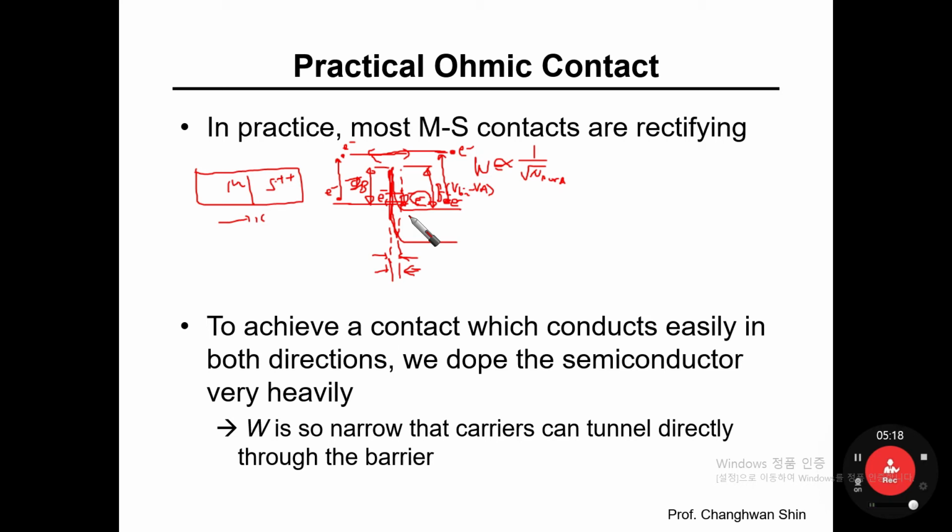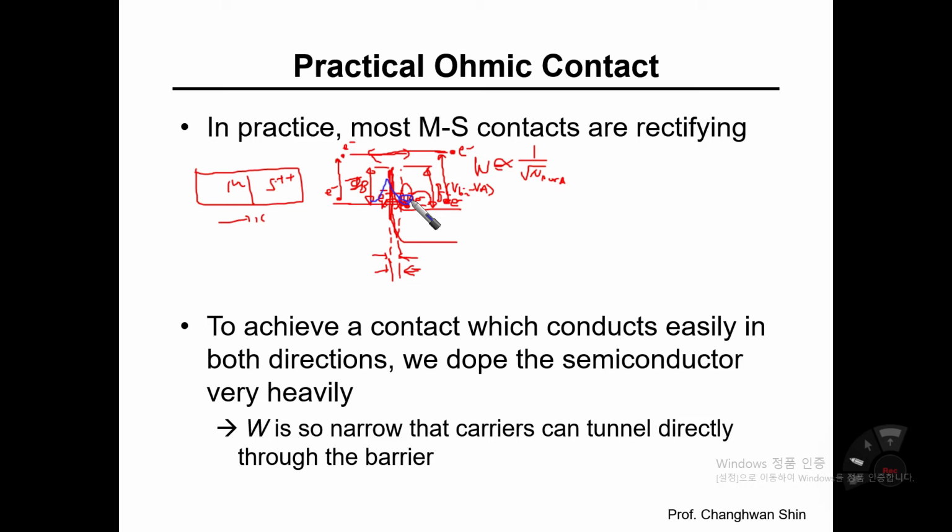If we focus on the wave feature of the electron, then this electron's wavefunction can extend and exist on the metal side as well. And if there is an electron wave, the tail portion of the wave of the electron in the metal side can also simultaneously exist in the semiconductor side.